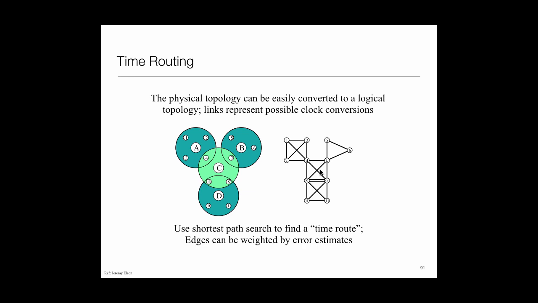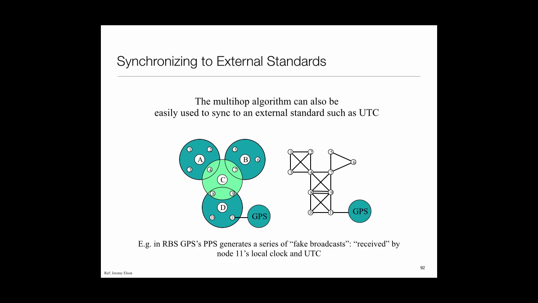Once you have this basic mechanism, absolute time synchronization just means that one of the nodes perhaps has a reference clock attached to it, so it's a GPS node. Or multiple nodes may have GPS attached to them. You can think of these as anchor nodes, anchored to the global time, and you could say they have perfect accuracy, and the rest of the nodes are going to sync to them.